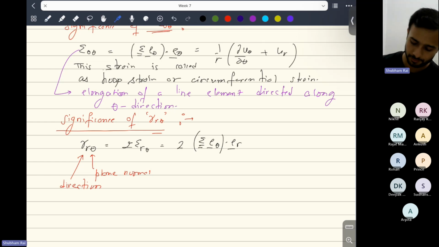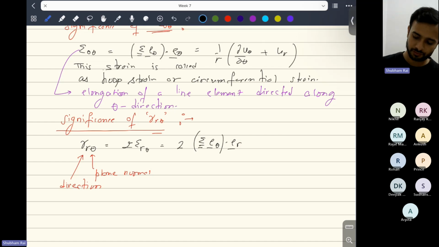Consistent with this definition, we want the strain tensor component on the theta plane, so we have multiplied this tensor with this p theta vector. It will give components of the strain tensor on the theta plane. That will be a vector, and its component along the r direction on that plane will give you gamma r theta.